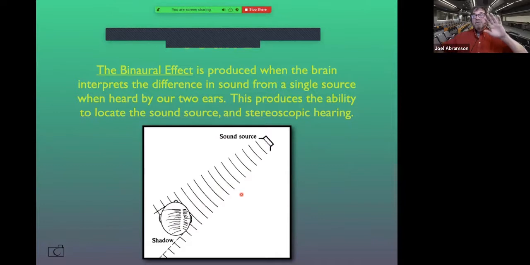And so we do have stereo imaging. We have imaging of sound when we're using stereo, because of your stereoscopic hearing, the binaural effect. Okay. And this is what also happens when we have stereo speakers. And then we've got surround sound speakers and all that Dolby Atmos, and that gives us all this imaging too.